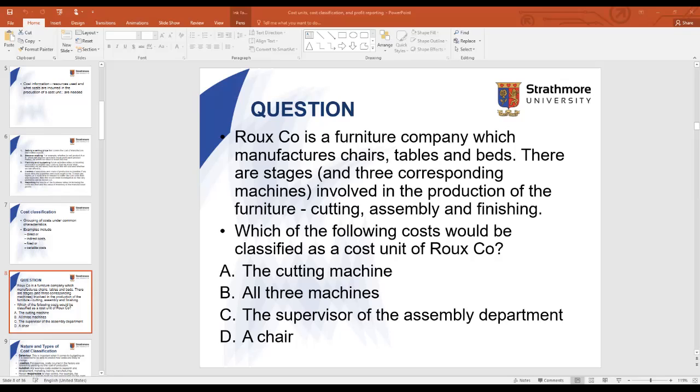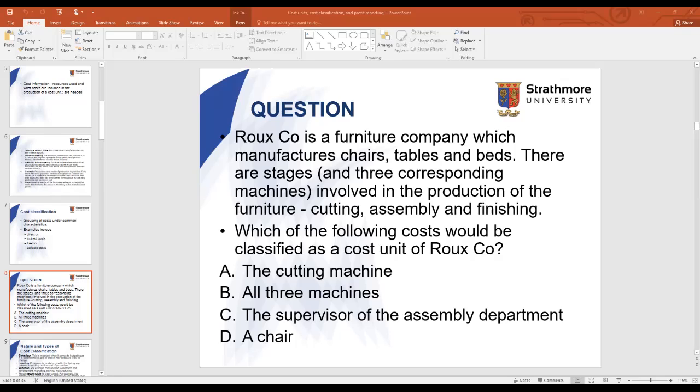Is a customer going to be bothered by the amount of time the chair, the bed, or the table took in the cutting machine? No, he's not going to be bothered. Even when you're doing the quotation, selling these tables, chairs and beds, is there anywhere you're going to see a cost for the cutting machine? No.